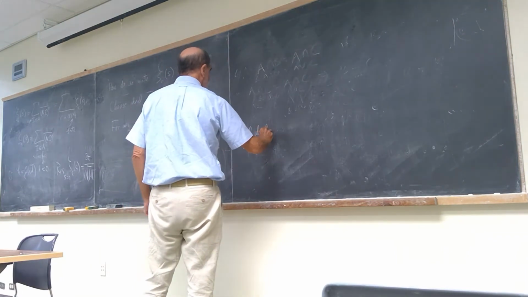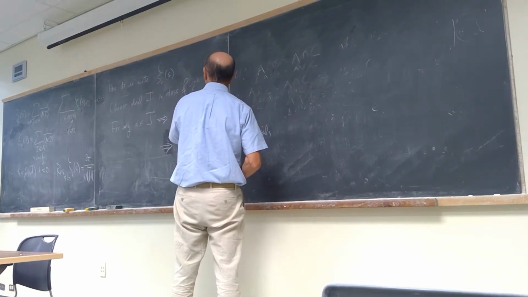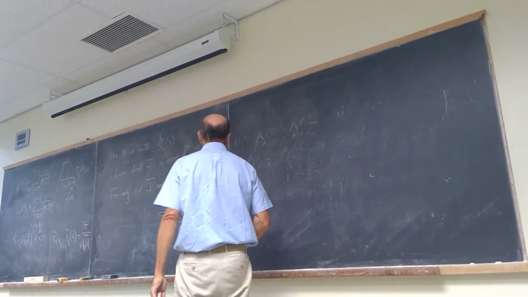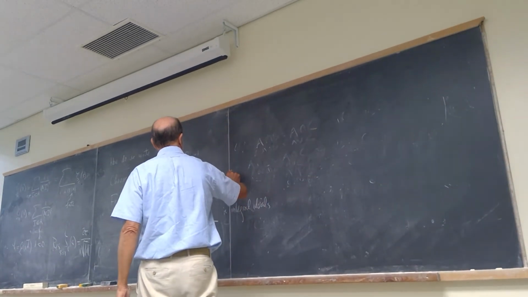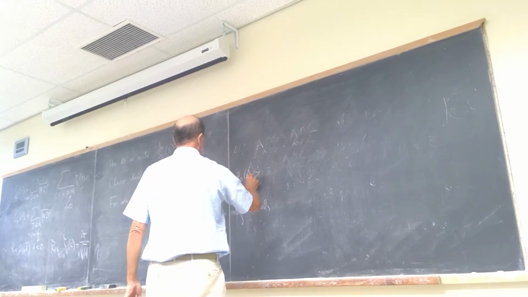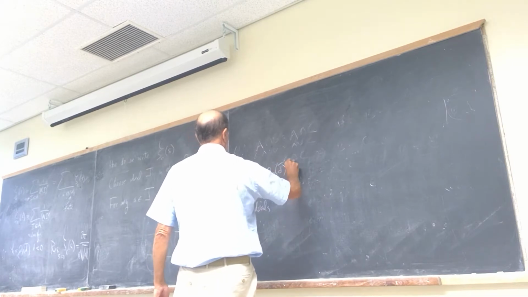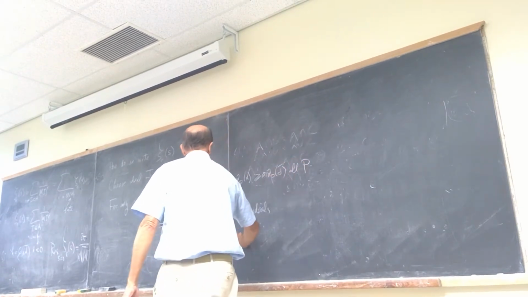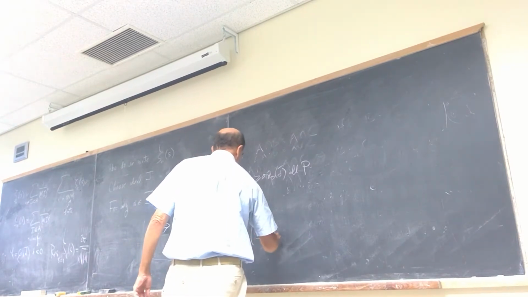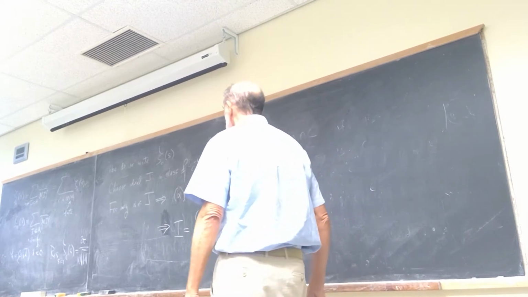Namely, the powers of each prime that divide alpha are greater than or equal to the powers of each prime that divide J, so when you take the quotient, you only get positive powers of primes. This means ord P of alpha is greater than or equal to ord P of J for all primes P, and consequently ord P of I is greater than or equal to 0 for all P. And that's what an integral ideal is.